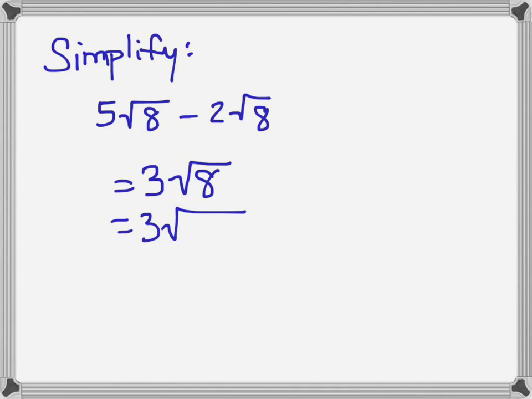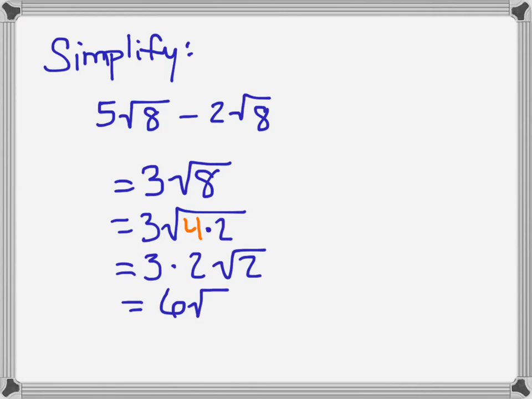This is really 3 times the square root of 4 times 2. And 4 is a perfect square. So the square root of 4 is 2, and then I can't take the square root of 2. Numbers which are outside the square root get multiplied, so I would now have 6 square root of 2.